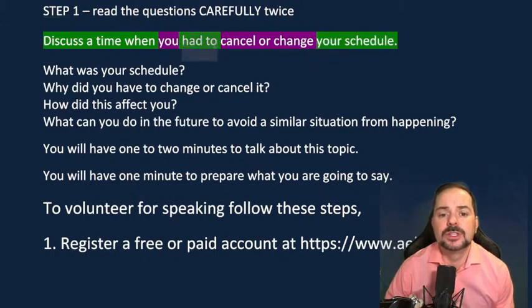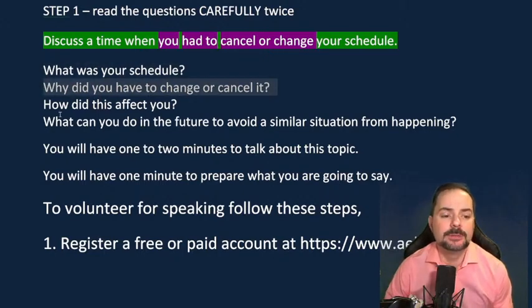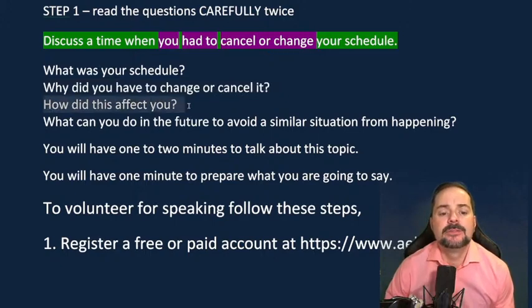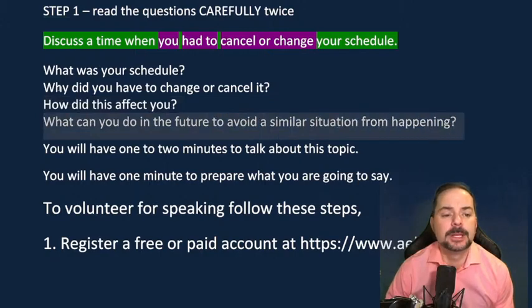It wasn't optional. It's not that you wanted to, but you had to change or cancel your schedule. So what was your schedule? Why did you have to change or cancel it? How did this affect you? What can you do in the future to avoid a similar situation from happening?